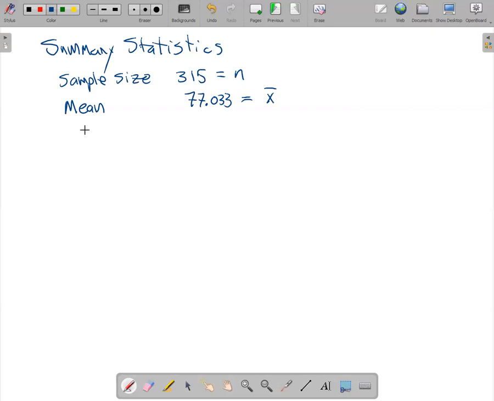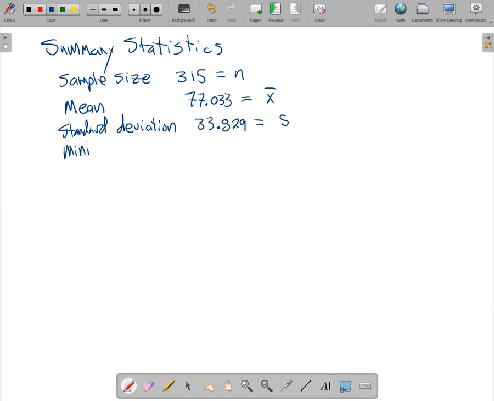That's the letter we use for the sample mean. Standard deviation, 0.829. The letter we use for standard deviation is a small lowercase s. So from now on, if you see an s in this class, you're like, oh, standard deviation.